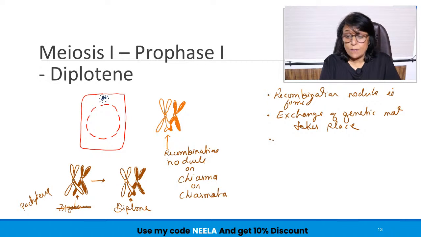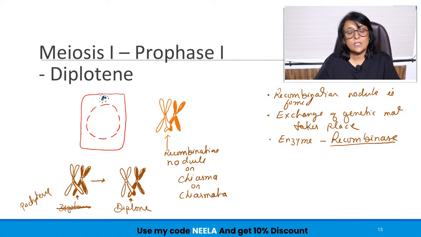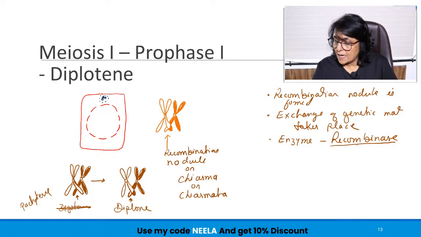So the enzyme which helps in this exchange is called recombinase. Recombination, that's why recombinase. So enzyme recombinase helps in exchange of genetic material.